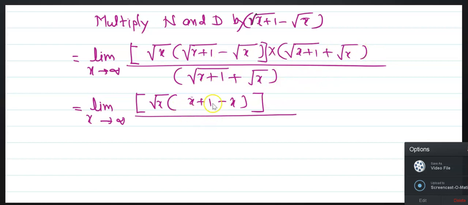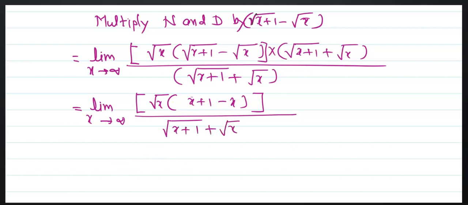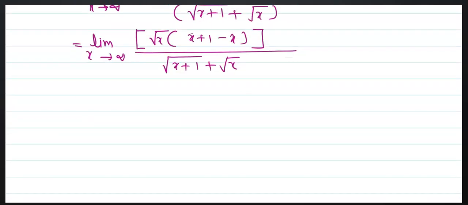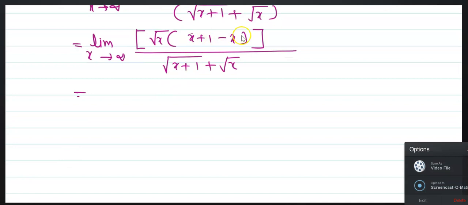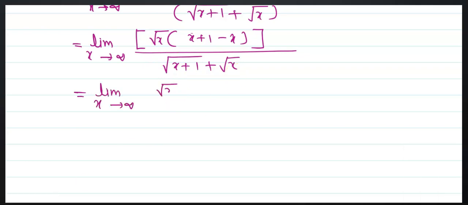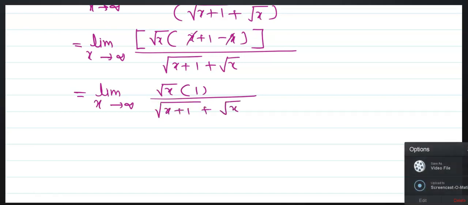Then it will become x plus 1 minus x, and therefore plus x and minus x get cancelled. Root x upon root of x plus 1 plus root x, that is limit x tends to infinity, root x upon root of x plus 1 plus root x.